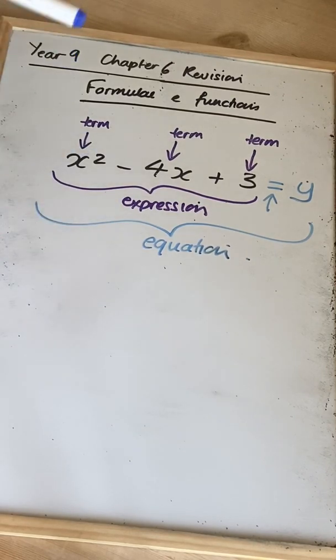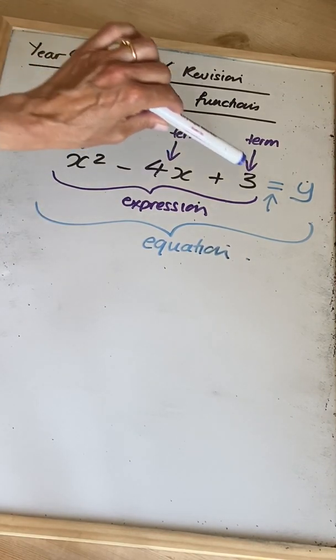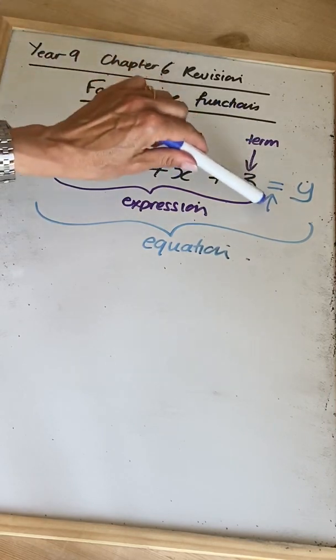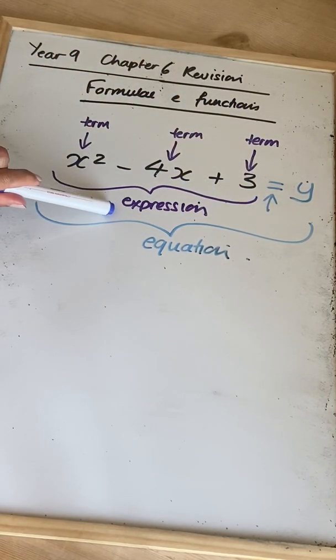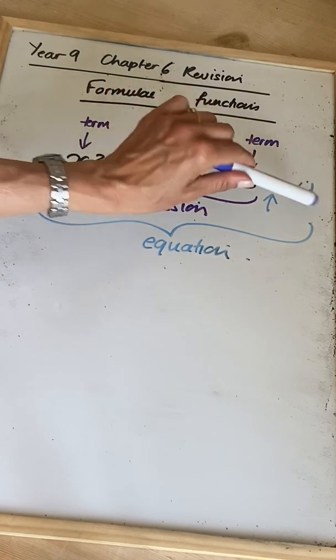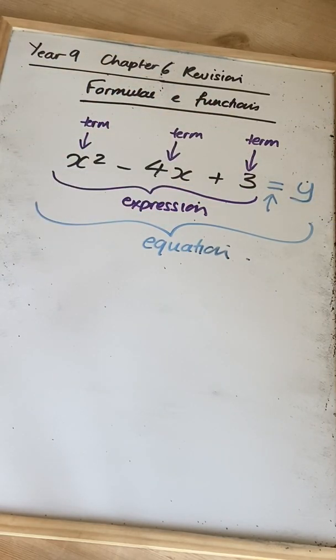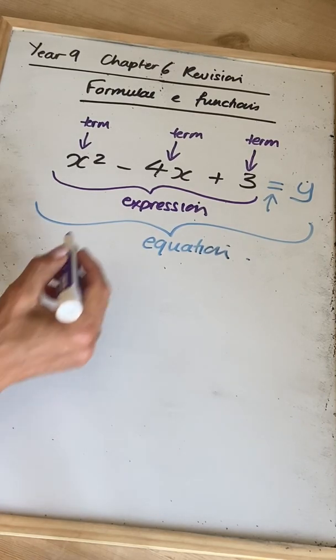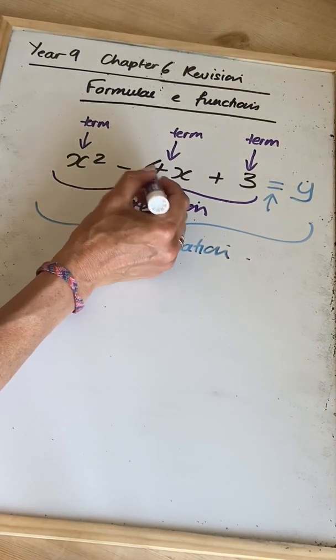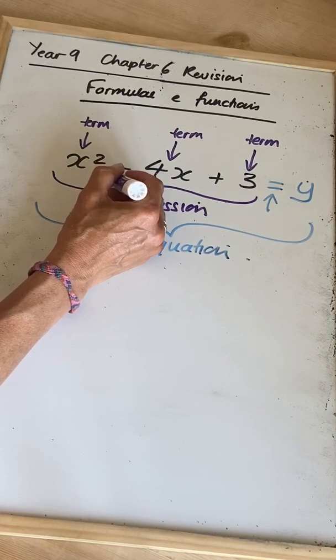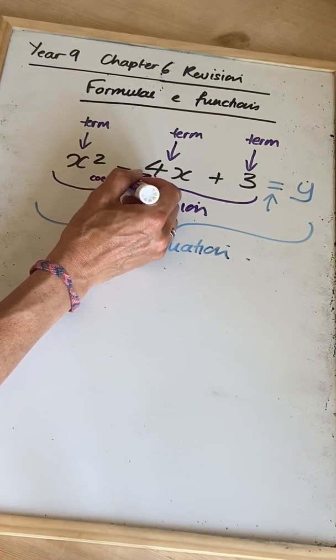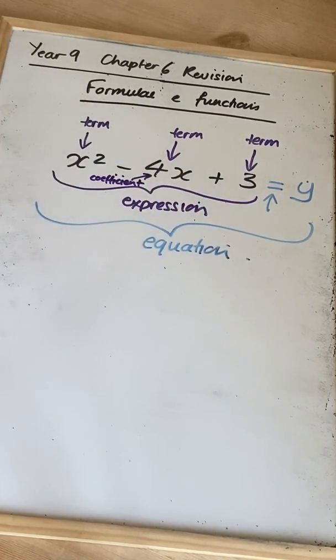Okay, so I've got terms, individual terms. I've got the whole thing linked together is called an expression. As soon as I set it equal to something, I've turned it into an equation. Okay, the other word that I do use from time to time, numbers in front of x terms or y terms, I call them coefficients. So that's another useful one.